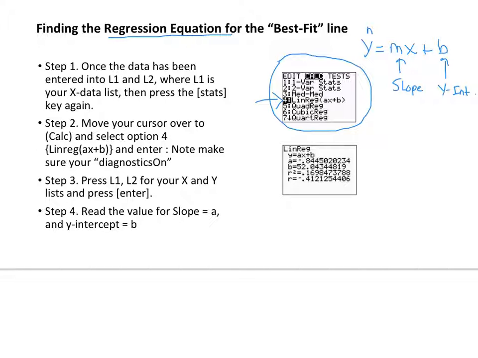We want to make sure that the diagnostics is on, and that is you have to hit the second key and the 0 key, you get catalog, and you go down until you get diagnostics on, and you hit it twice.